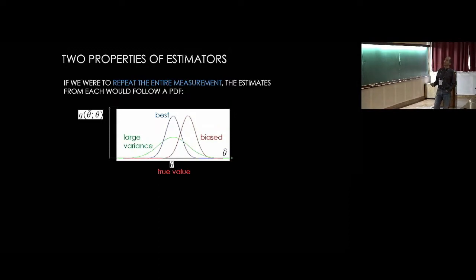So let's look at the estimator. If we repeat an experiment many, many times, it will have its own distribution. So suppose that I have 10 measurements of the lifetime, sorry, 10 values of time from 10 decays. And then I have 10 more, and then I have 10 more.